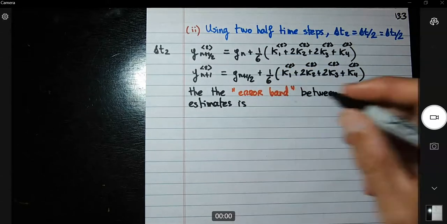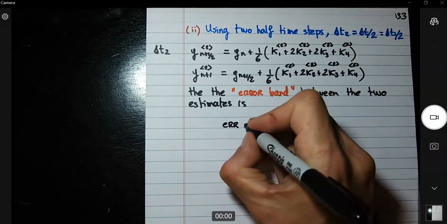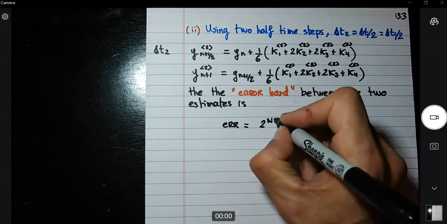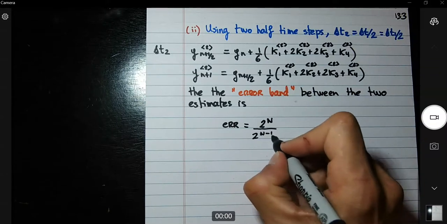So we'll have the error over here is equal to 2 to the n divided by 2 to the n minus 1.